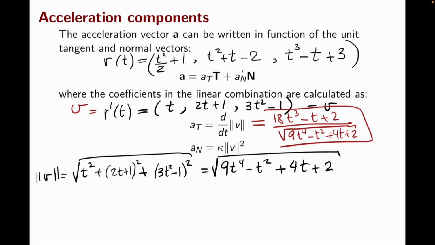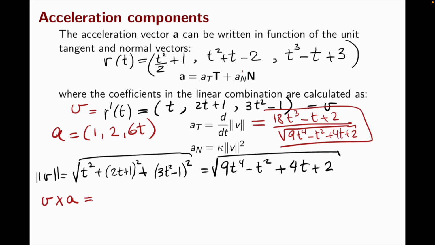Recall that v is this one, so the acceleration, that is the derivative of this, will be equal to 1, 2, 60. So that's the acceleration. And now we need to multiply, cross product, the velocity and the acceleration.